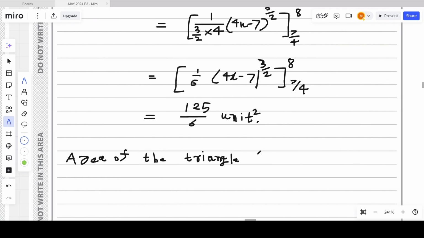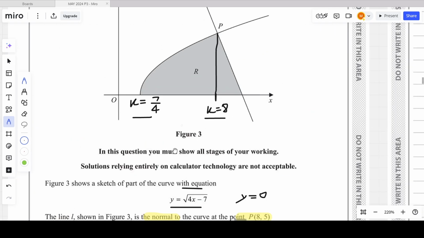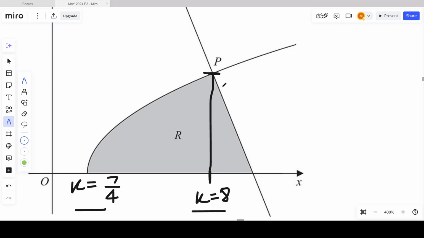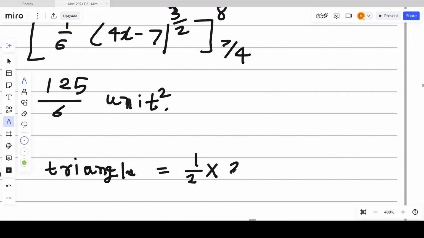The area of the triangle would be half times base times height, right? So we need the base, we know the height. Height is the y coordinate of point P. The y coordinate of point P is what? 8. So we got the height, this is 8.